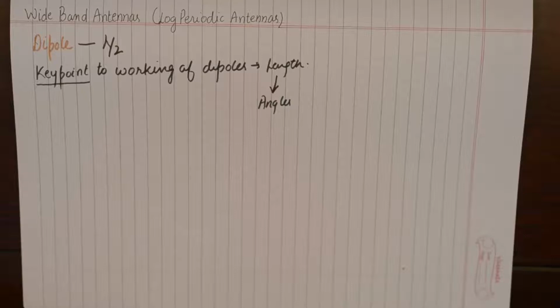Or in other words, angles do not depend on distance, and hence they would not depend upon the wavelength, and they would help us in making antennas which will be frequency independent, or wideband, so as to say.